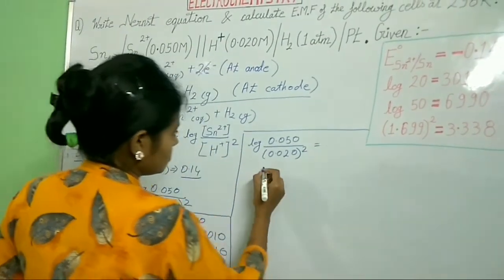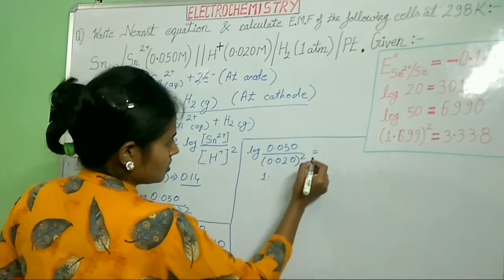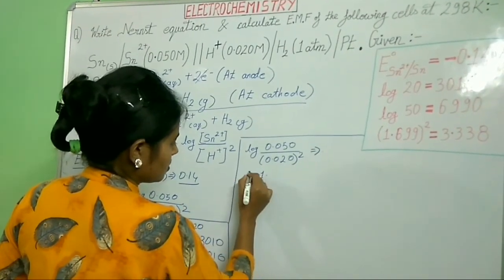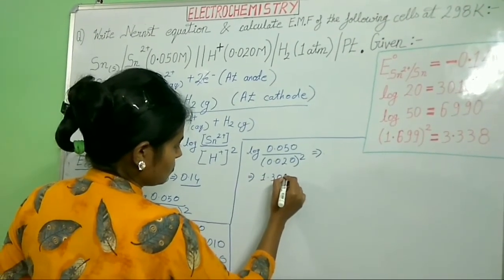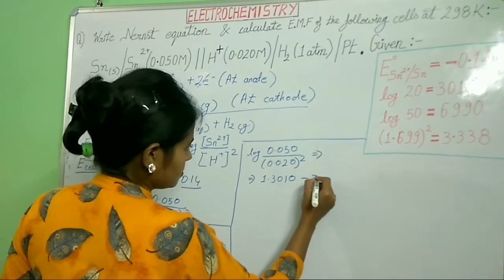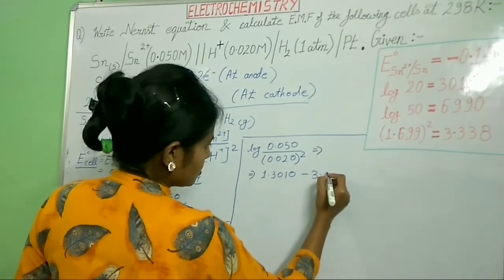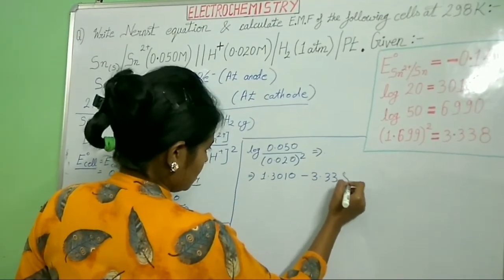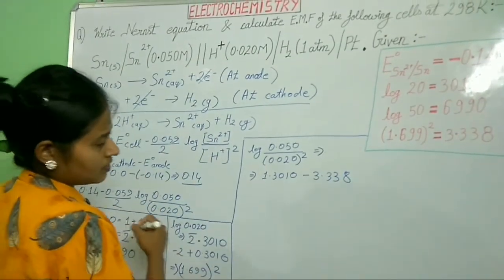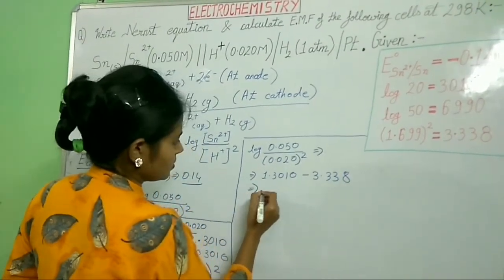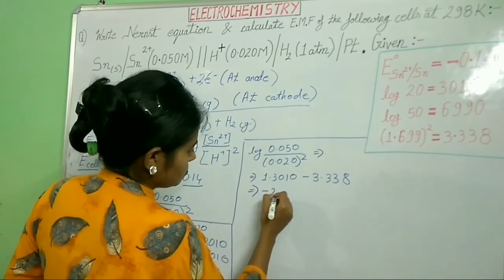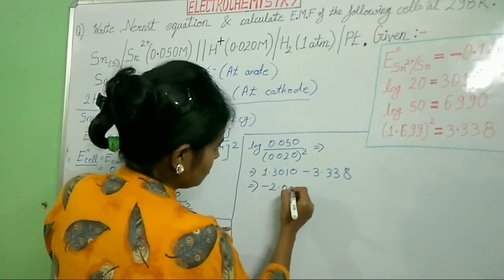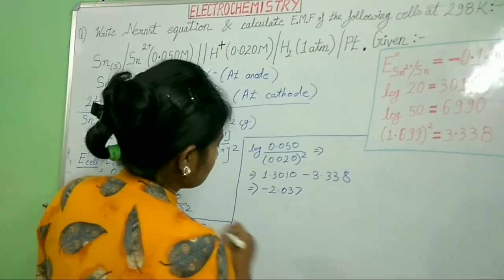We will simply subtract it. So 1.3010 minus 3.338. What will it come to? Minus 2.037.